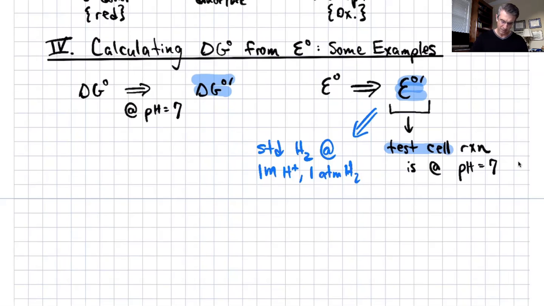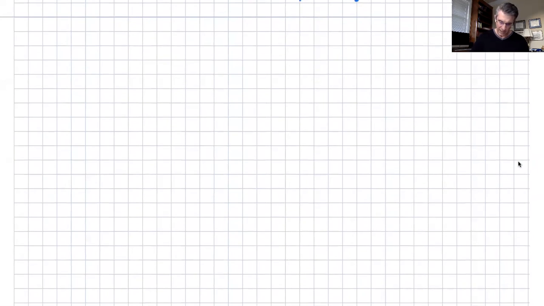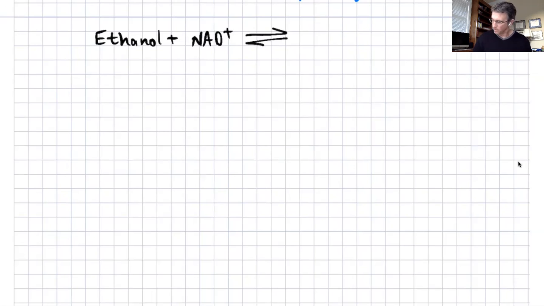Okay, so let's do an example. How do you use some of this, right? All right, so imagine for a second a reaction we've talked about a little bit before. Let's say we've got the oxidation of ethanol plus NAD plus, right, to acetaldehyde plus NADH plus proton, all right?